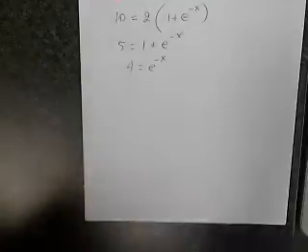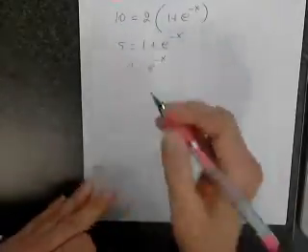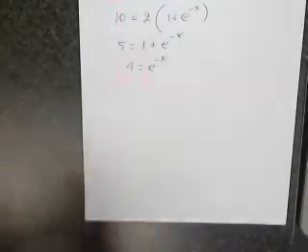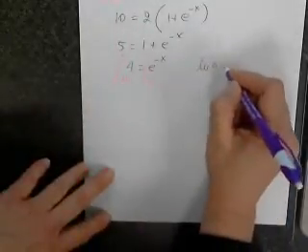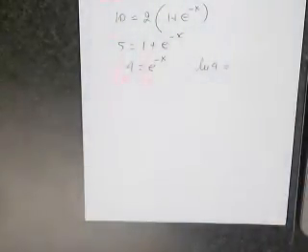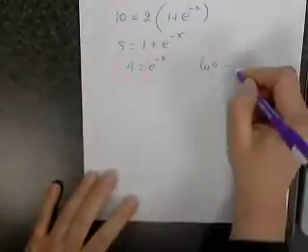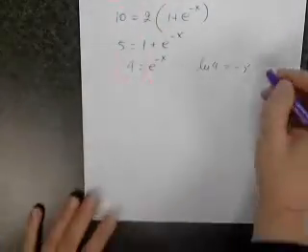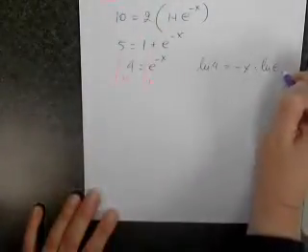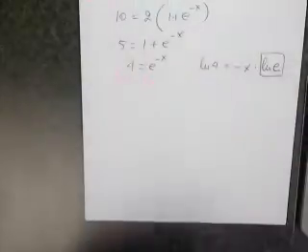Yes, I will apply natural log to both sides. The left-hand side is natural log 4. And what is the right-hand side? Negative x, very good. I should write multiplied by natural log e, but I know what natural log e equals to.